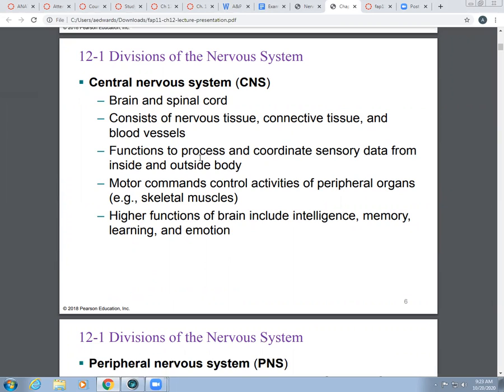It sends motor commands that control activities in other organs like your skeletal muscle. The brain specifically is involved in what we call higher functions: emotions, learning, memory, and intelligence.